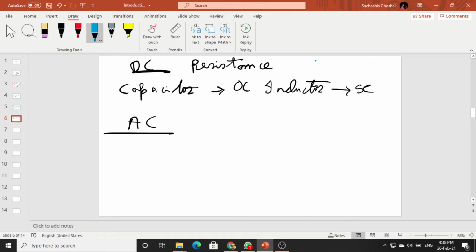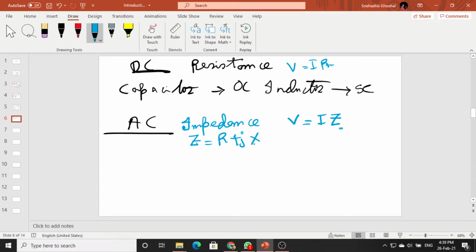Ohm's law was mathematically written as V equal to IR. Now, in AC, instead of resistance, we will write impedance. Ohm's law becomes V equal to IZ. Here R was resistance, here Z is impedance. Impedance consists of two parts, R plus jX.